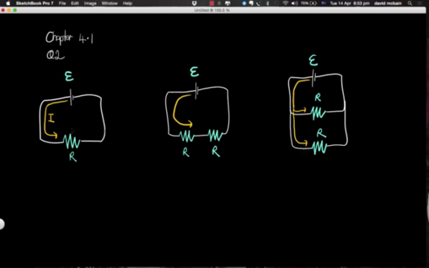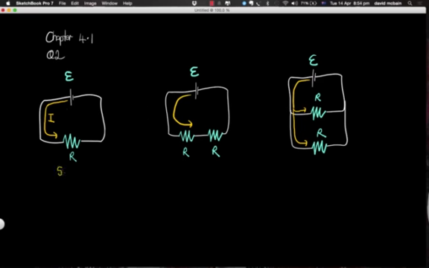Now, one thing I need to make sure you're clear on is that just because the currents are going in the same direction, and just because they all have the same value resistors in them, the currents won't necessarily be the same because the arrangements are different. Okay, so that's what the current is doing. Now, these first 2 circuits are in fact series circuits.